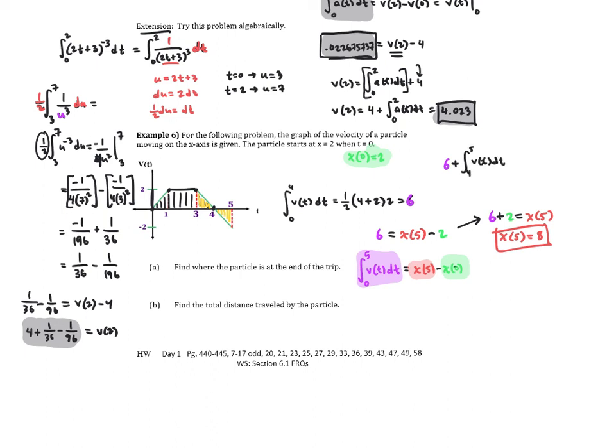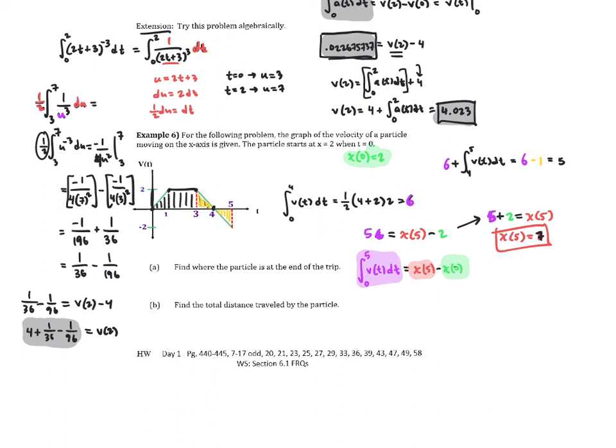Good catch. So it's going to equal 6, and we're going to take away 1. Is that 1? Yeah, take away 1. So the actual area that I get is 5. So let's change this slightly. This is not 6. This is 5. So our actual answer for where the particle is at the end of the trip ends up being 7.